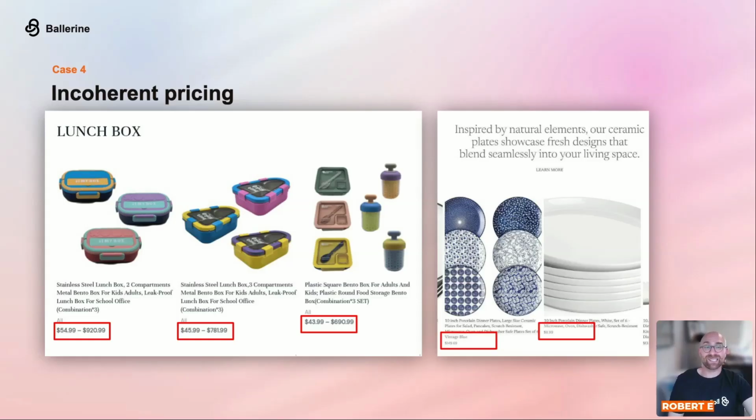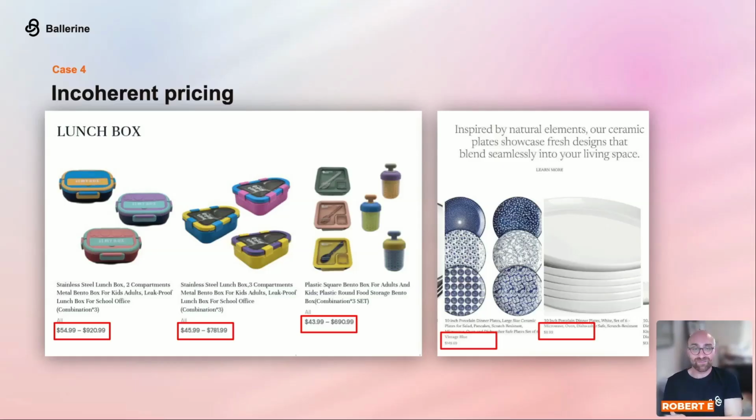Or it could be, this was another example that definitely made me laugh, and it's a bit small, so I'll try to read it for you. You see here the plates on the left with the blue pattern. These are 10-inch porcelain dinner plates with, albeit a very, very nice pattern, that cost $149. And literally the product next to it are 10-inch porcelain dinner plates that just happen to be solid white, and they only cost $9.99.